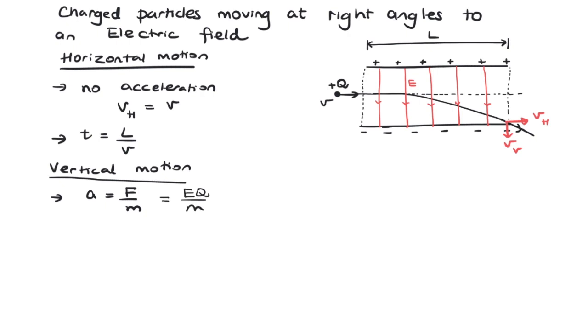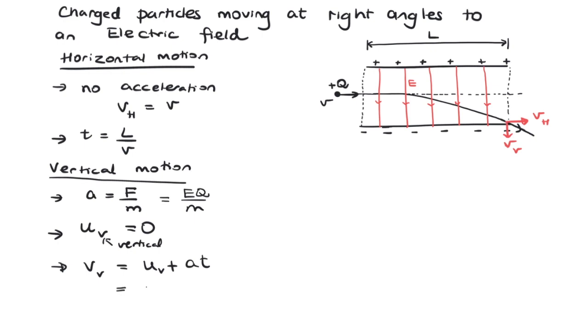And secondly, we know that the initial velocity vertically, so if I say U subscript V, where this bit represents the vertical component, just to be clear, is 0, because it was traveling horizontally and not vertically. So if we want to get an expression for the final vertical velocity, VV, it could be given by U plus A times T. Just to be clear, that's also the vertical velocity.